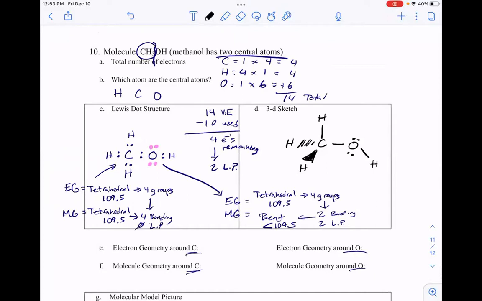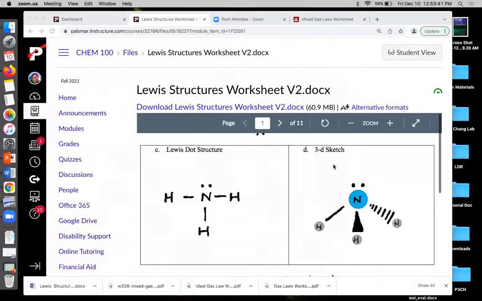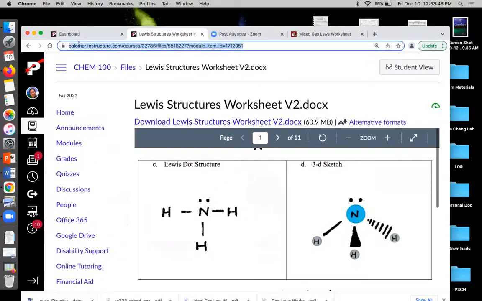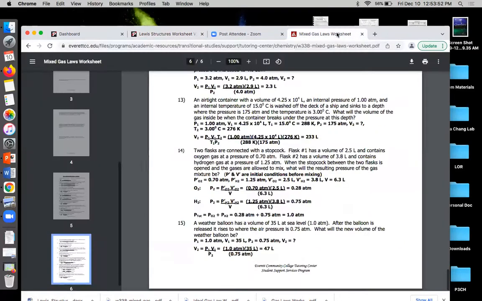So there is one other thing that I do want to show you guys as a tool to help you explore the 3-dimensional character of molecules.